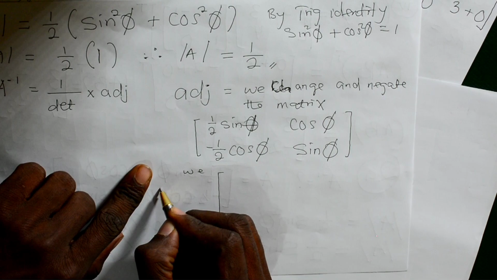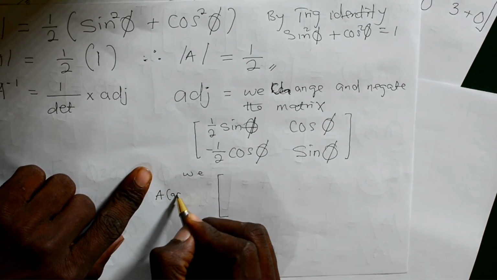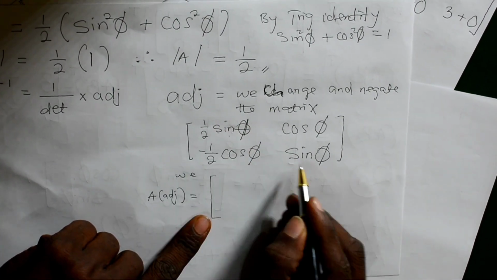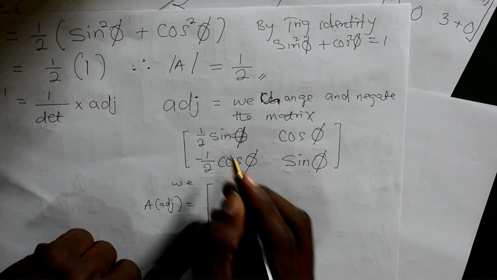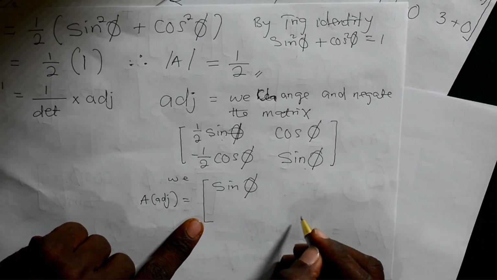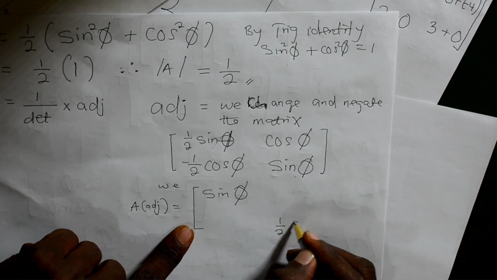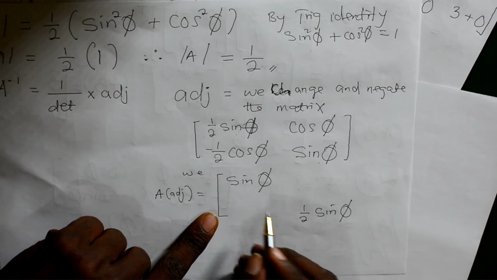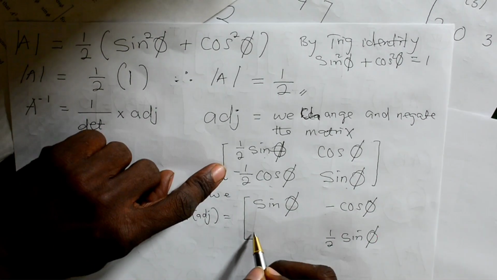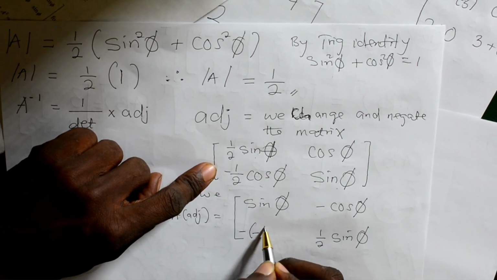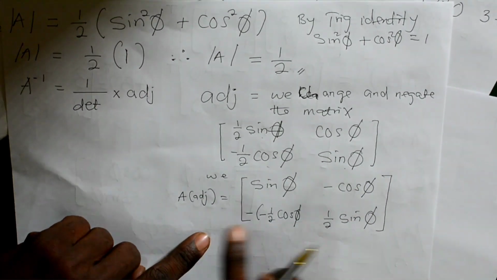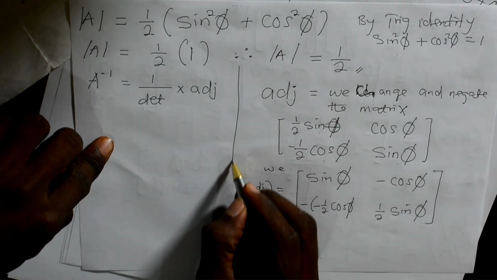The adjoint of A will be equal to, now we change and negate. These and these are the ones to be changed. They will change position. Sin will come to here. And 1 all over 2 sin psi will be in position of sin psi. And now these and these we negate them. That is minus cos psi and minus into minus 1 all over 2 cos psi. So this is how to change and negate, only done in a 2 by 2 matrix.